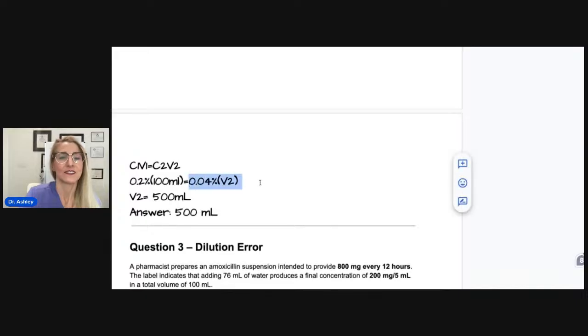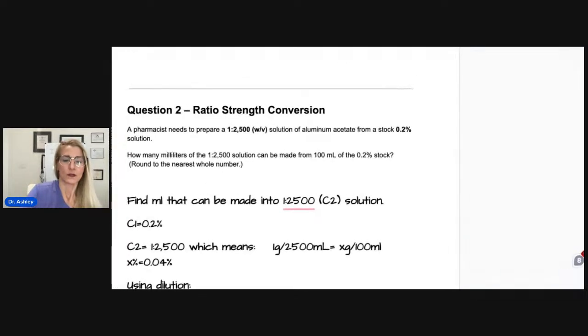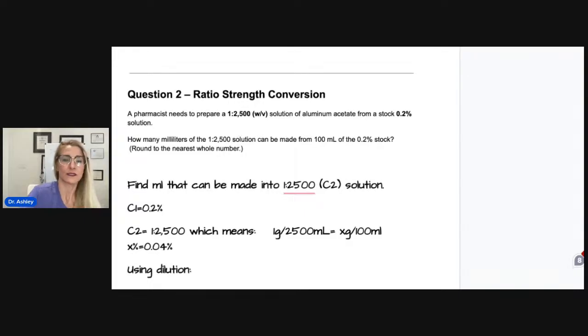So now we can multiply and divide, and we're left with V2. What did you guys get for V2? It should be 100. I'm putting it back on the question just in case you needed it.